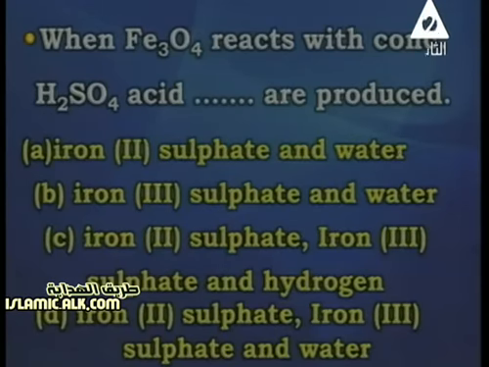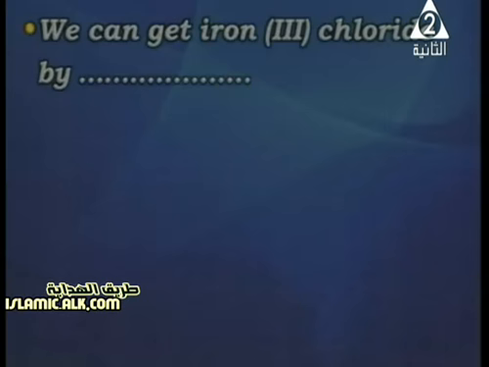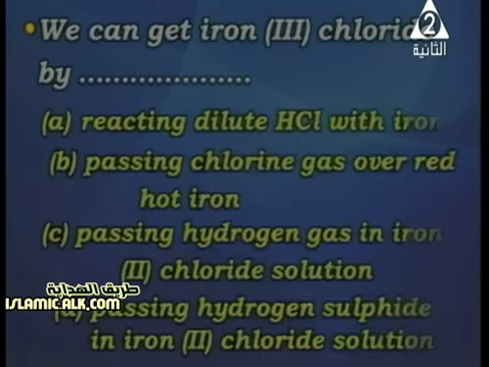If you think about it, my dear student, the answer will be iron 2 sulfate and iron 3 sulfate and water. Remember, my dear students, you have to write the chemical equation balanced, writing the physical state of the reactants and the products.